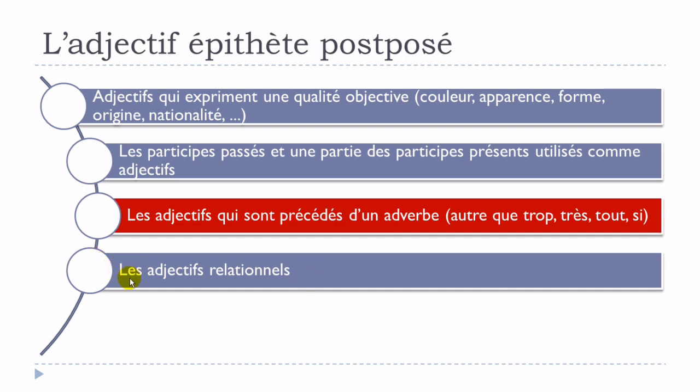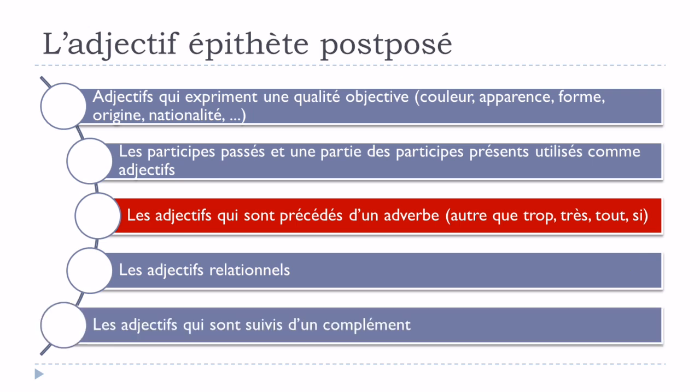After that, we're talking about les adjectifs relationnels. We've been doing videos concerning that, so it should be quite simple to handle. And then les adjectifs that will be followed by a complement, donc qui sont suivis d'un complément.